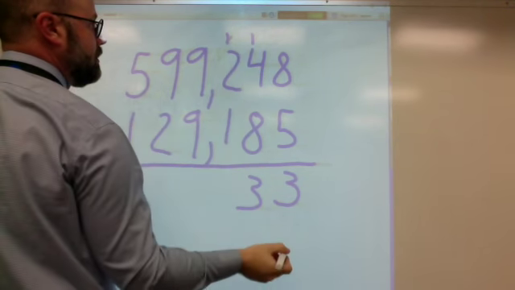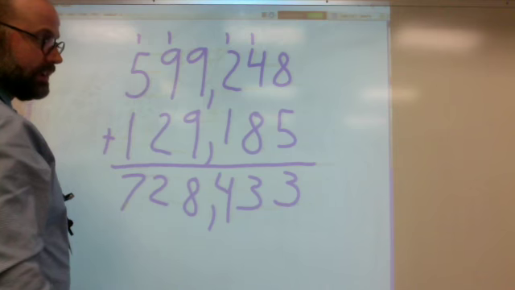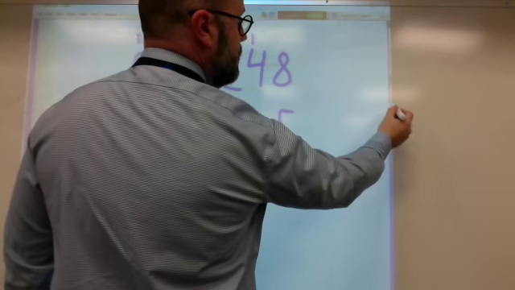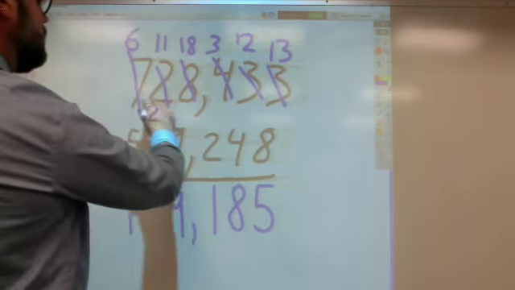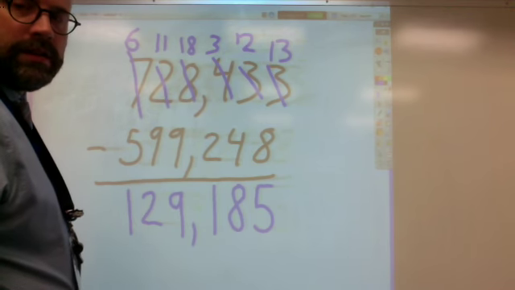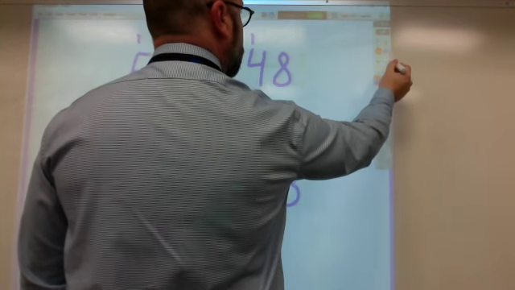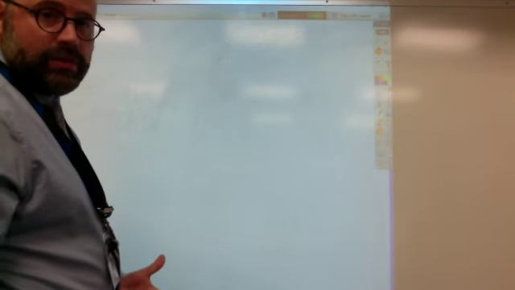Carry the 1. 1 plus 2 is 3, plus 1 is 4. 9 plus 9 is 18. 10, 12, 6, 7. 728,433. Is that what my 728,433? Add them together. Perfect. You can always check your subtraction work.